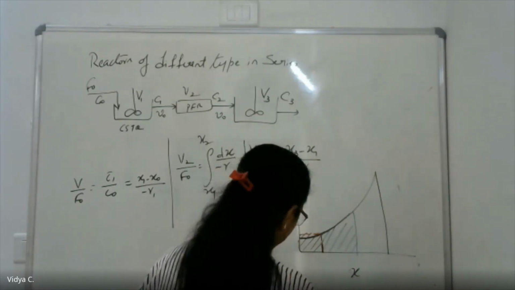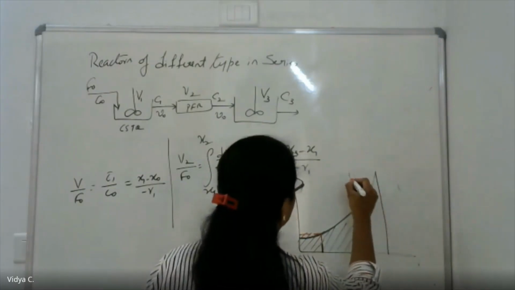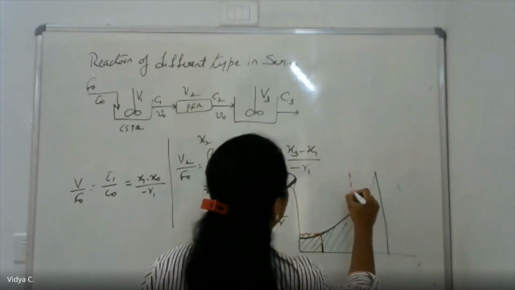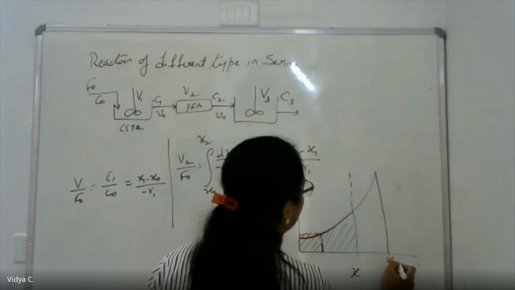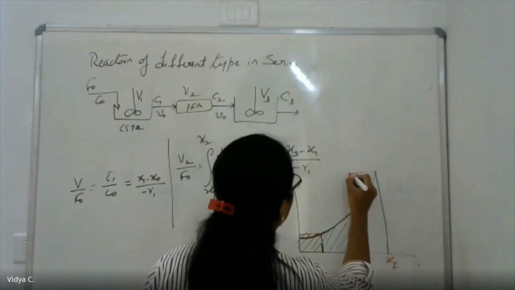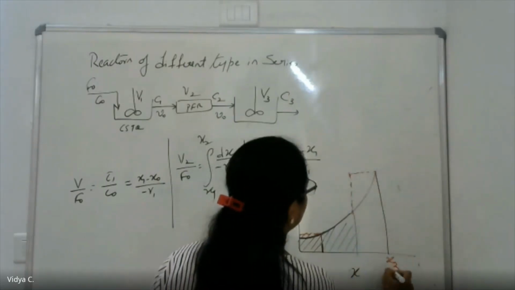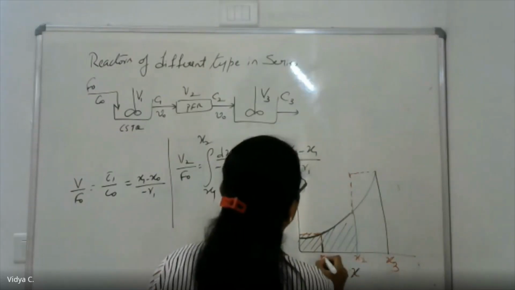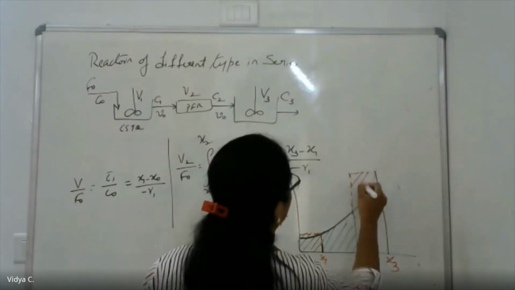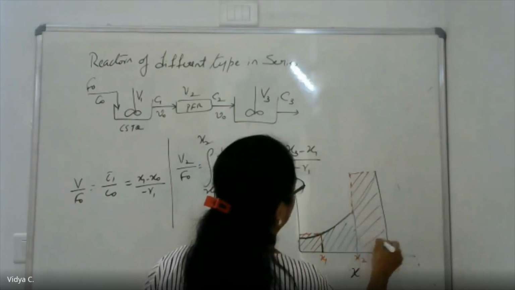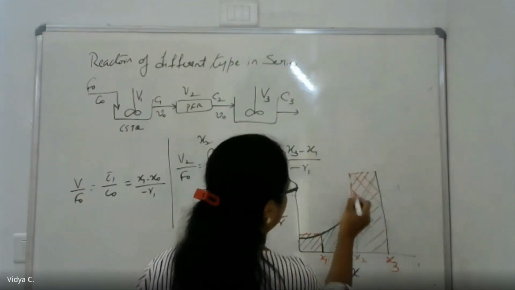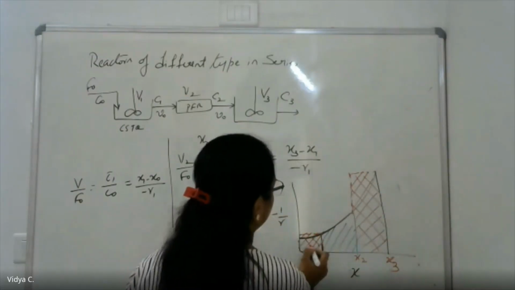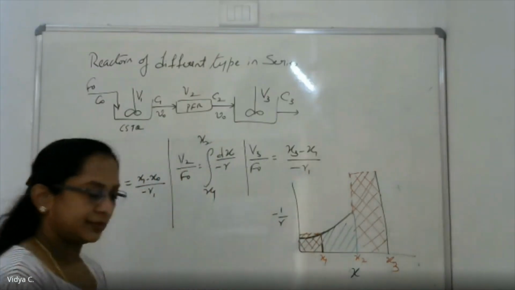And then it is again CSTR. For the CSTR, I should go from X final here. It is x3, it is x2, it is x1. So this will be the area for the last CSTR. Okay, so this is how we get.